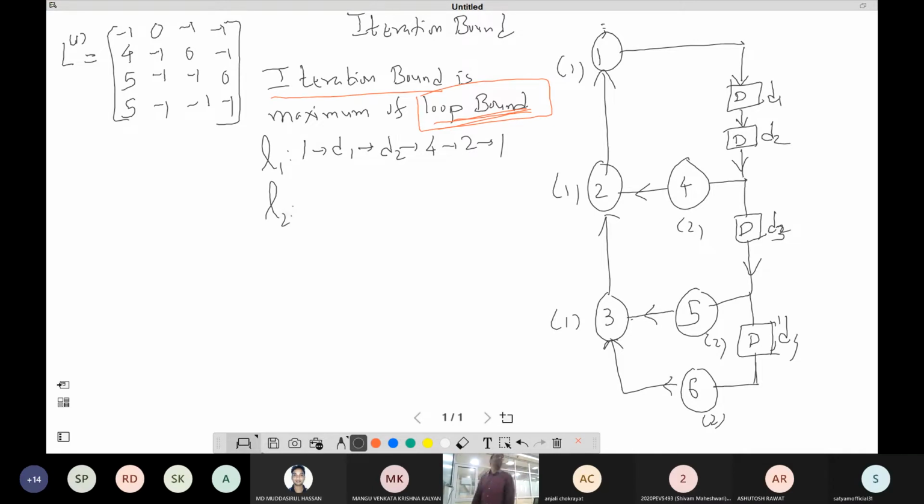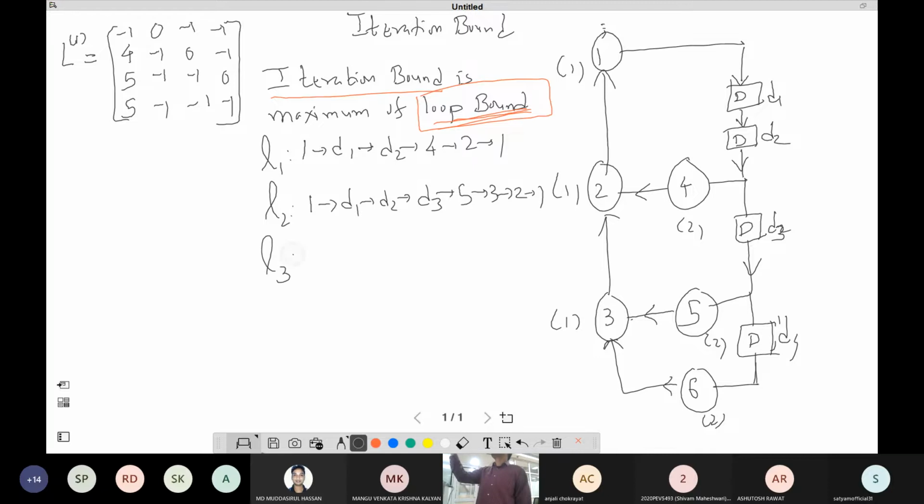L2, the second loop, will be 1 2 D1, D2, D3, 5 3 2 1. Okay.